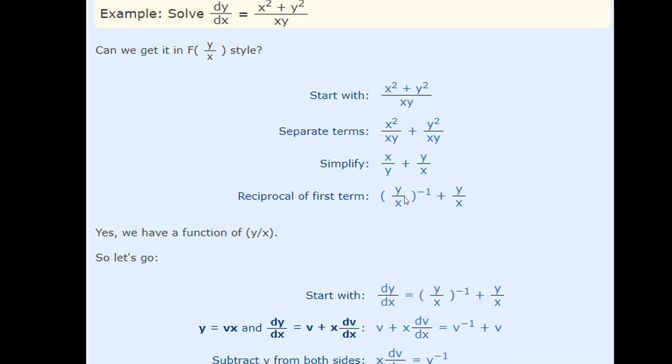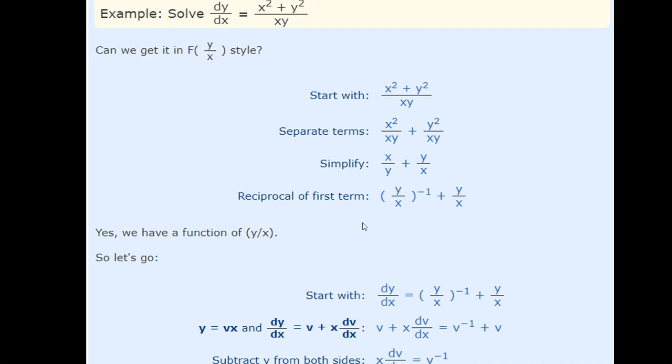But notice that it's written as y over x raised to negative 1. What does this mean? If I put this one in the denominator of my fraction because it's negative 1, meaning this whole expression is in the denominator, the resulting expression would also be this. The purpose of writing it in this manner is that we could replace this one by v right away based on the first method that we have discussed, that v is equal to y over x.